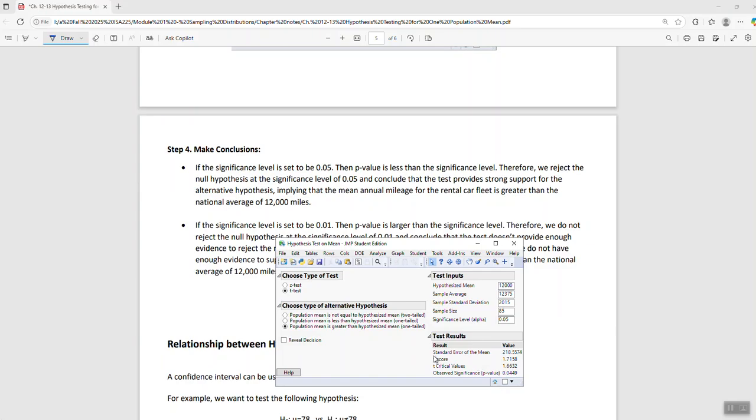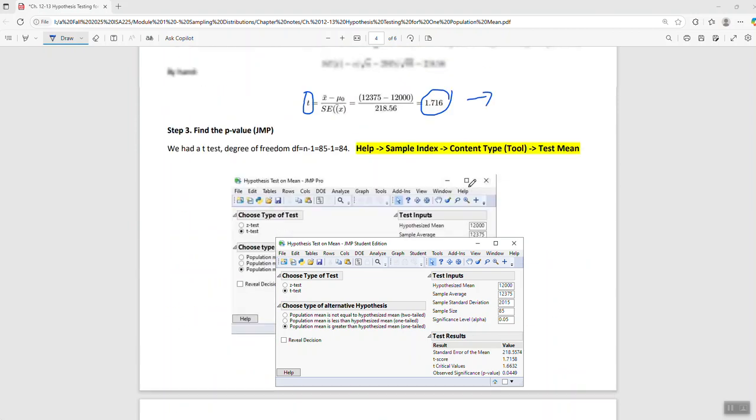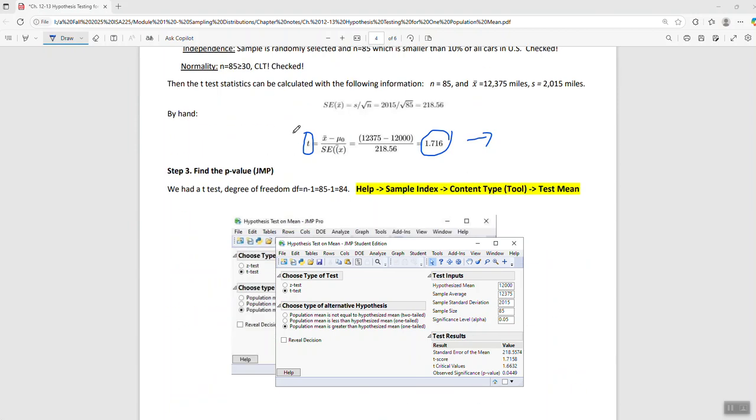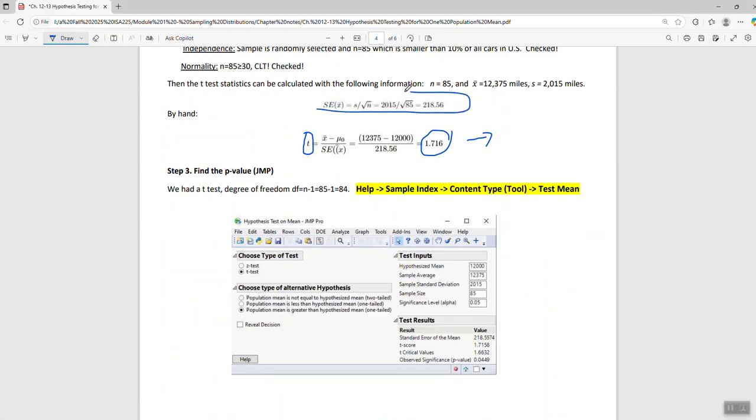First it is called the standard error of the mean. In the confidence interval, we talked about that: it is s over the square root of n, which is 218.56, exactly the same as our hand calculation.